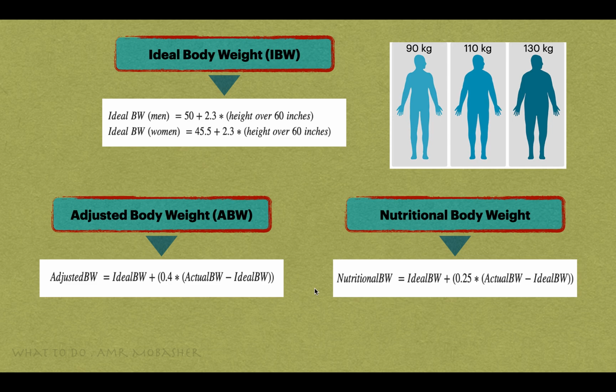So now we have 4 types of body weight, and we use all of them in our practice, so we need to clarify all of them now. We have total body weight, ideal body weight, adjusted body weight, and nutritional body weight.